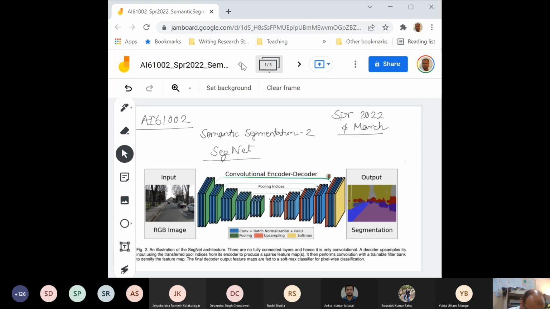This green thing is a pooling layer, and these green lines are what are called pooling indices. Once I take these pooling indices and go over here, you have this red one, which is an upsampling layer. So what you are doing is taking these pooling indices and transferring them to this particular point. That's how it typically works.